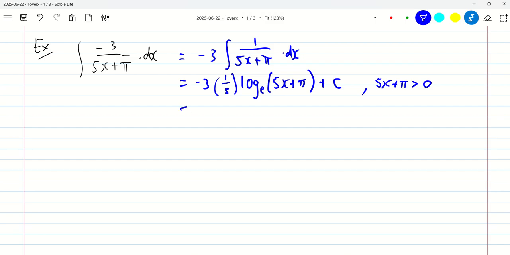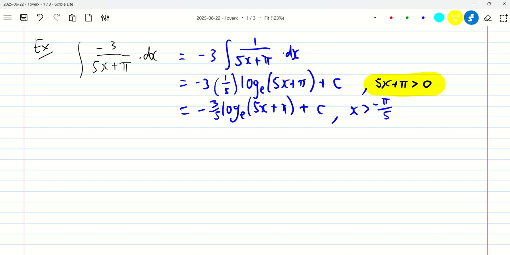Let's tidy this up. -3 times 1/5 is -3 over 5, log e of 5x plus pi, plus c. And we'll just say x is greater than negative pi on 5. Solving that by moving the pi to the other side and then dividing by 5, that is our final answer there.